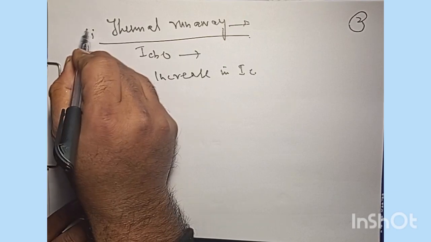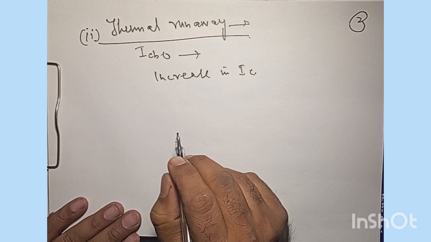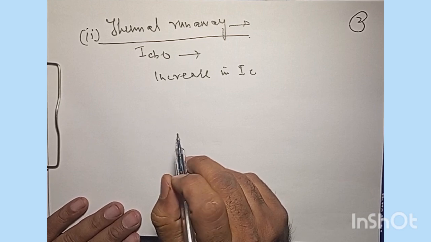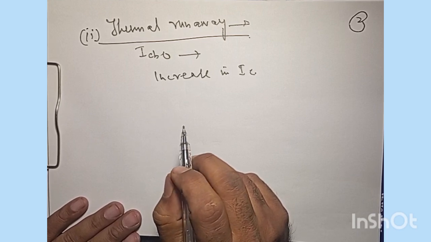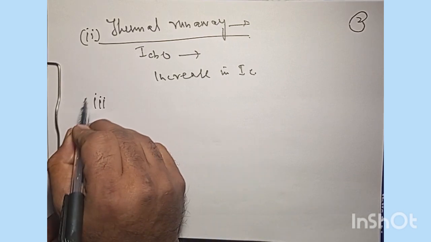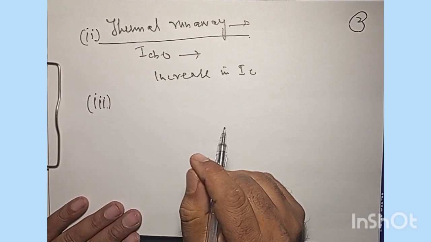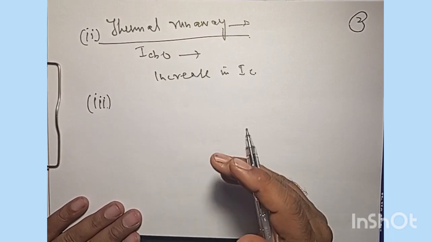So this is parameter two that lays down the importance of stabilization of transistors. And there can be some individual variations associated with the technology itself.